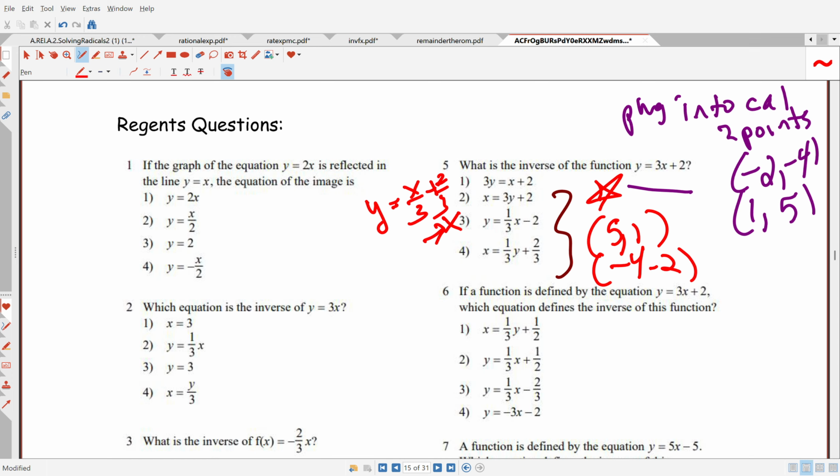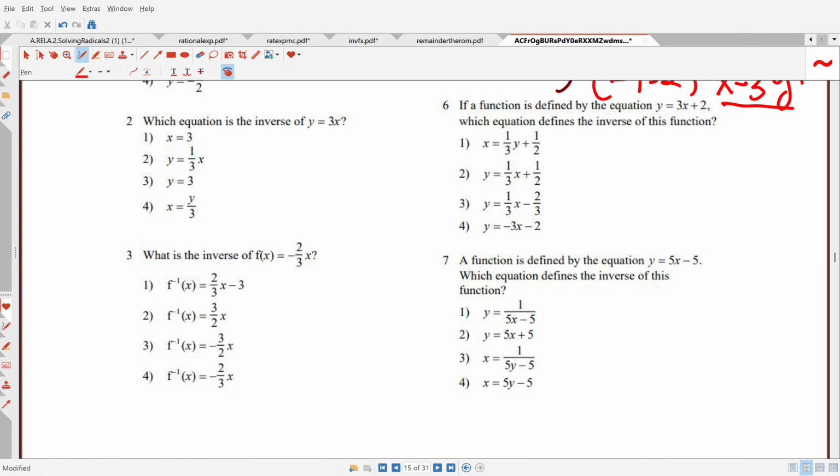Go to table. Oh, we didn't get that one. Fractions. That one stinks. Oh, I know why. Look, they didn't continue to solve. They just did switch x and y and solve. So it's choice 2. This is a bad example.